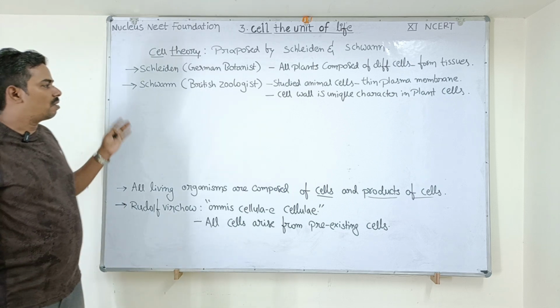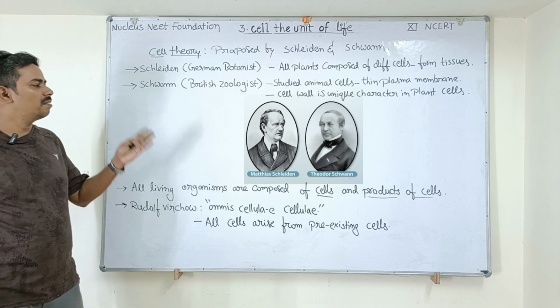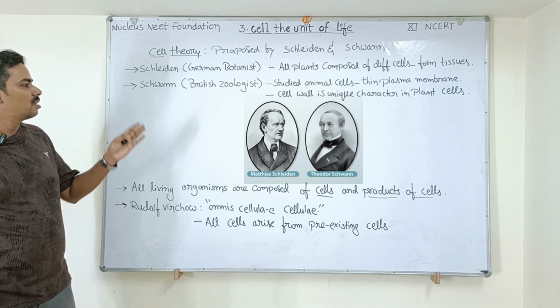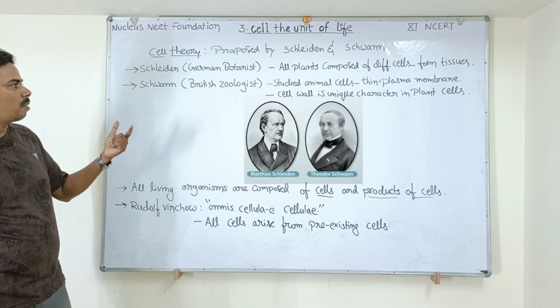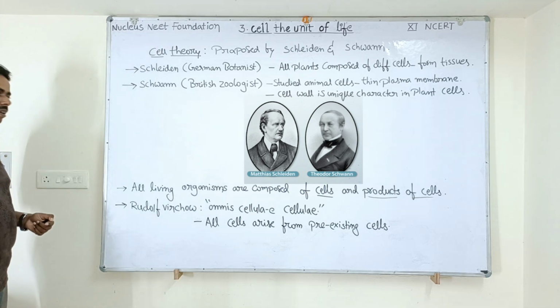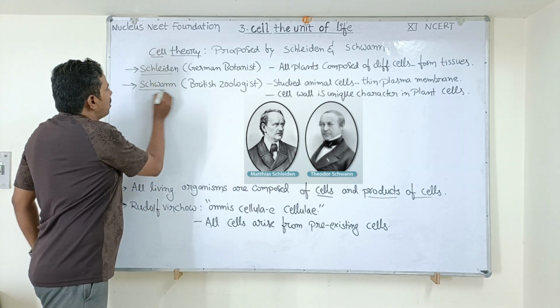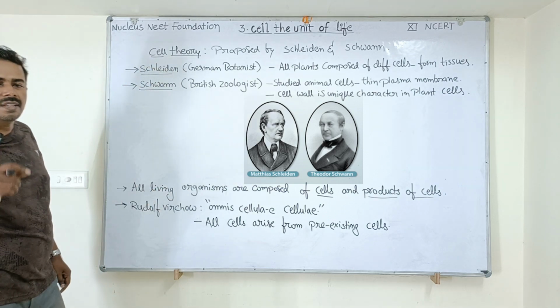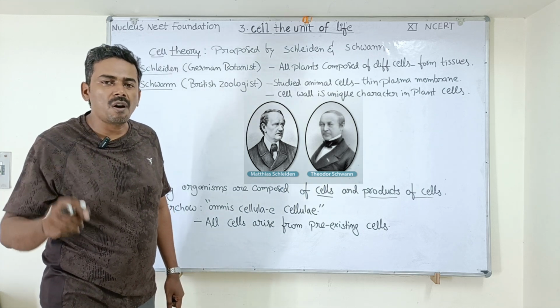You can see the pictures of the two scientists, Schleiden, the German botanist, and Schwann, the British zoologist. However, the cell theory proposed by Schleiden and Schwann has a demerit. What is that demerit? The cell theory couldn't explain how new cells are formed.